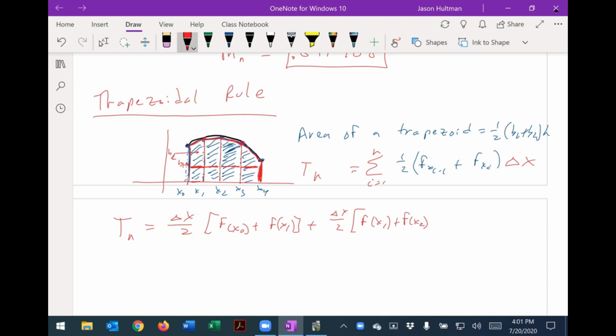And so we go all the way up, dot, dot, dot, to n trapezoids. So 2, and then this is f sub n minus 1.